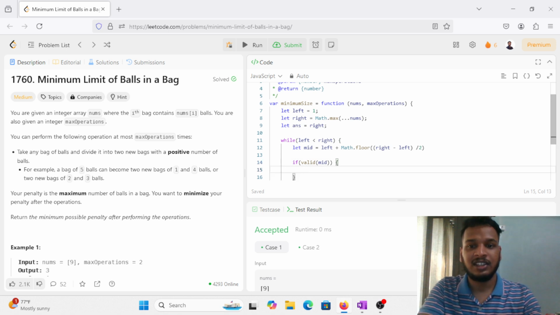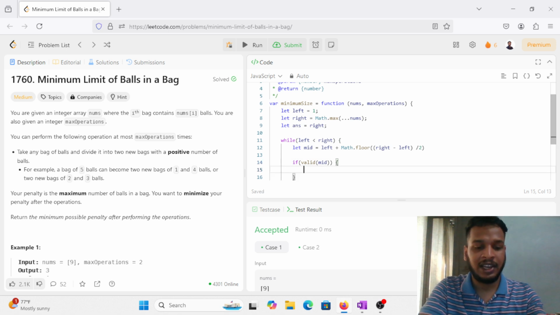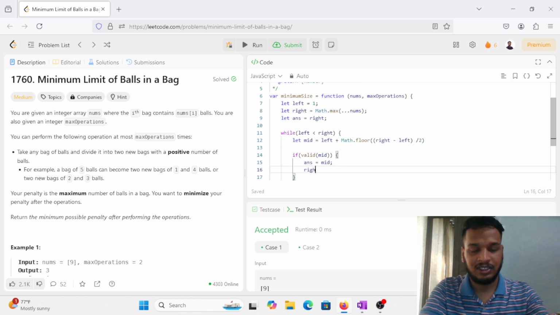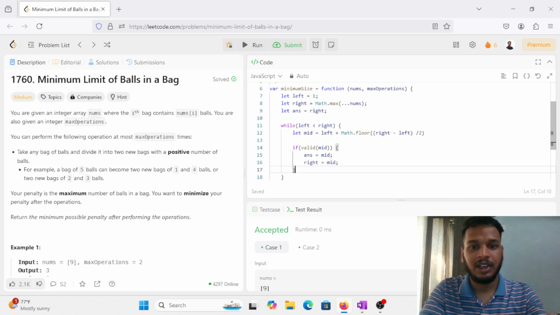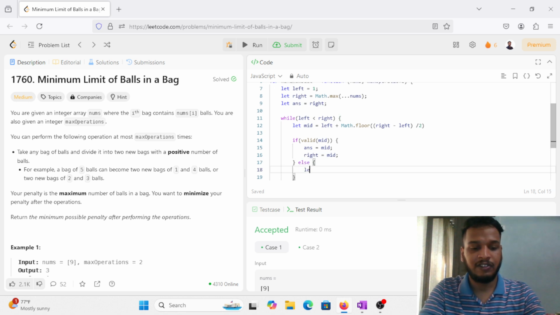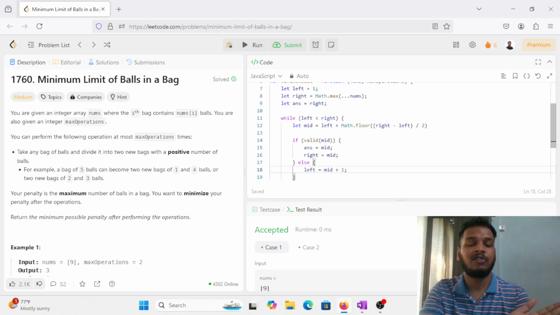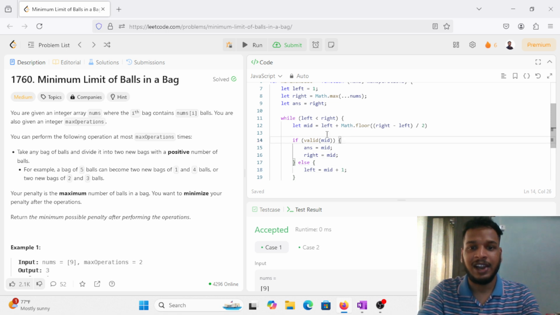If that is valid, then my answer is equal to my mid, and my right is equal to mid. Else, if that's not a valid number, left is equal to mid plus 1. Left will go to the other side of the mid.